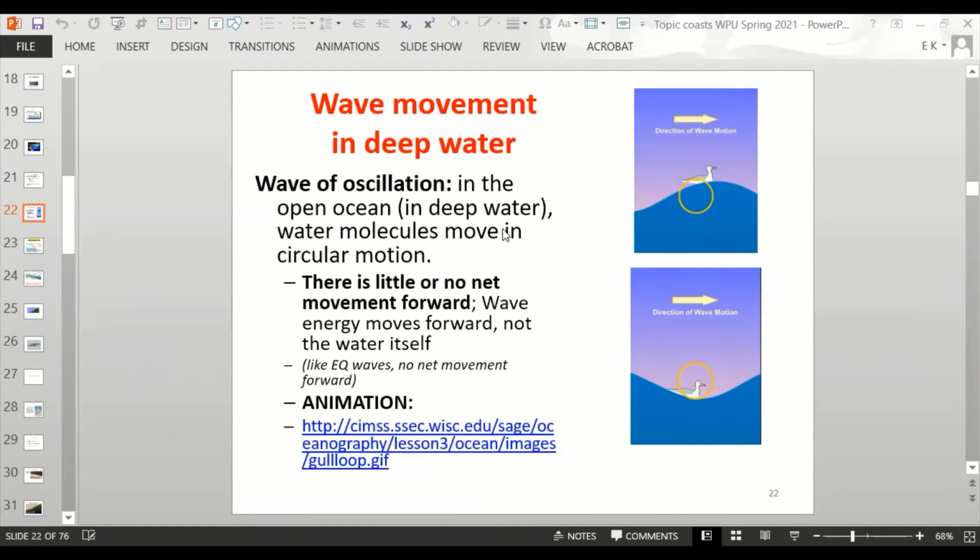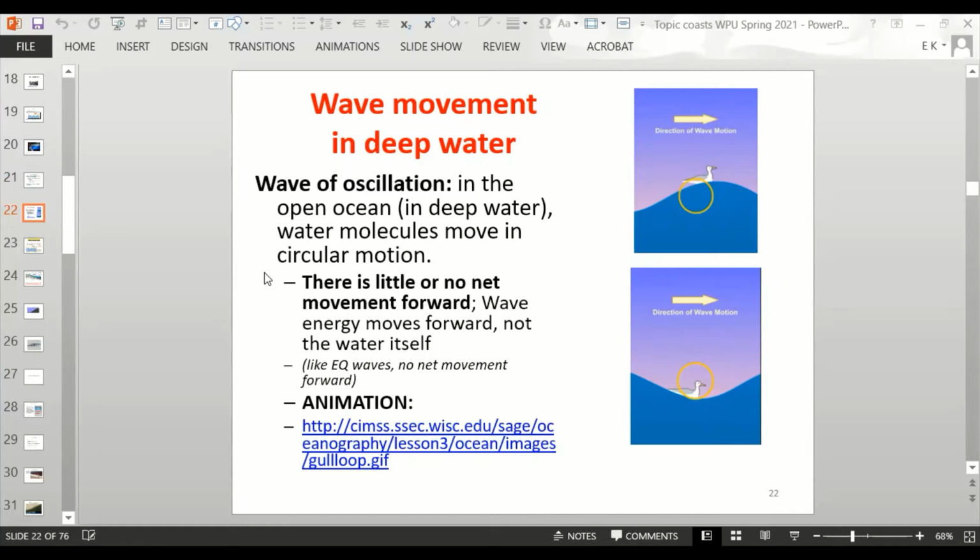So when waves are moving in deep water, we have the wave of oscillation. Water molecules move in circular motion. And you saw that in the Bill Nye video, that the particles that were floating in the water were not moving forward. They were staying in the same area of water.